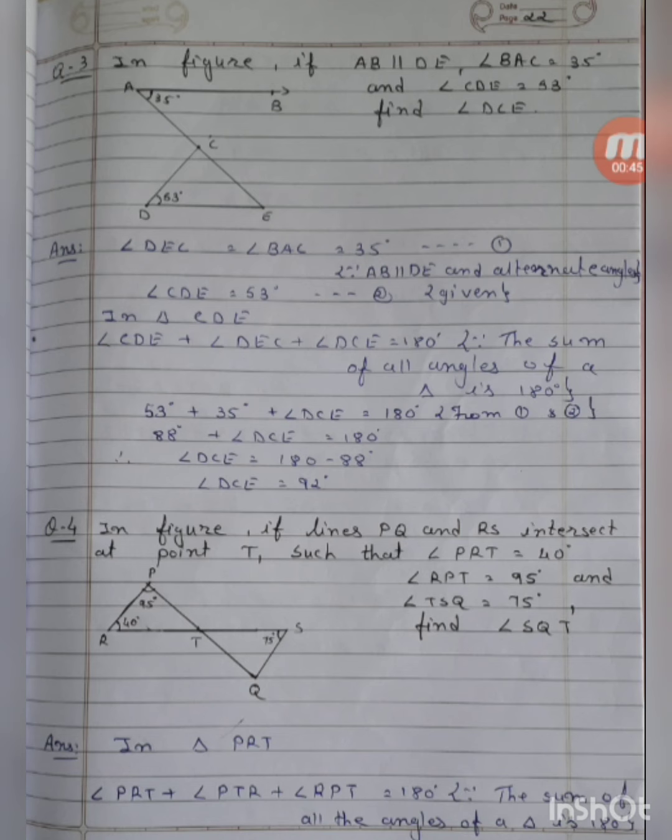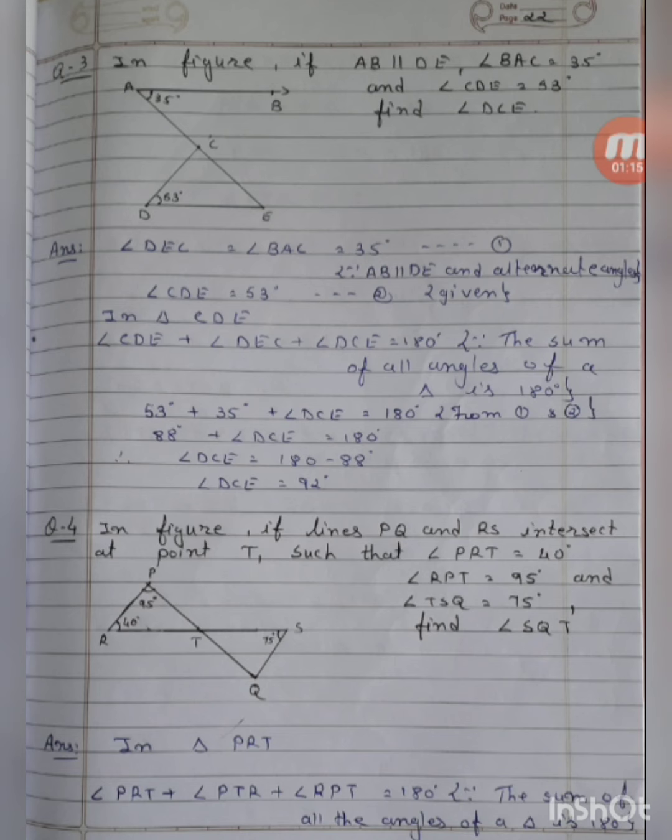So, we can find here angle DEC is equal to 35 degrees. This is number 1. Now, angle CDE is equal to 53 degrees is given. This is number 2. Now, we can easily find the measure of the angle DCE. Here in triangle CDE, angle CDE plus angle DEC plus angle DCE is equal to 180 degrees because the sum of the angles of a triangle is 180 degrees.